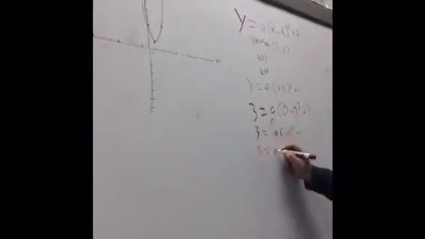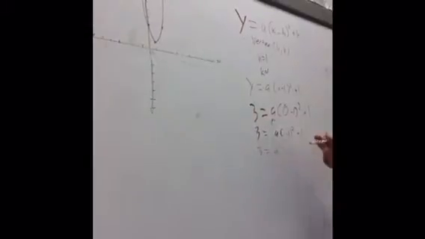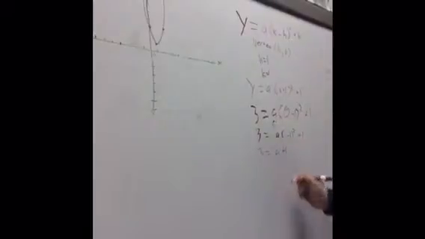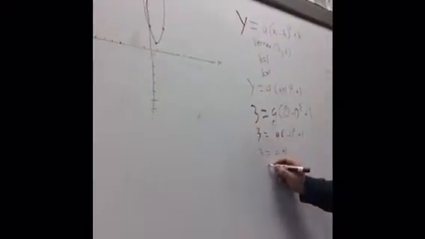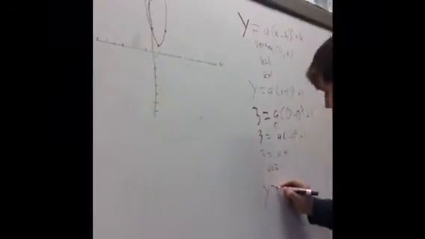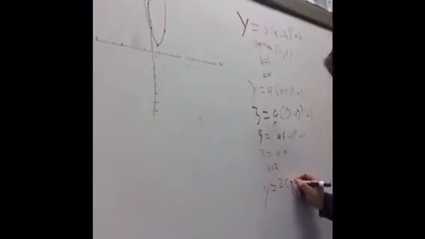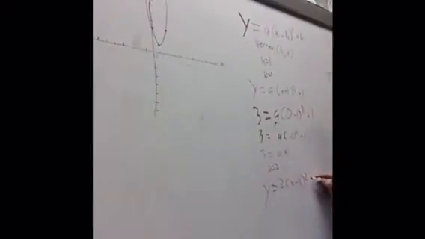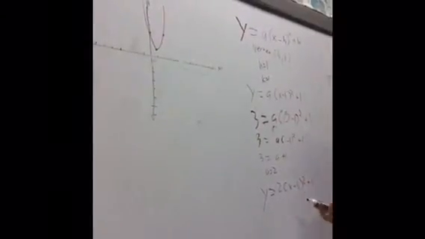That would be 3 equals a, since -1 squared is 1, and then plus 1, 3 equals a plus 1. So you subtract 1 from both sides, so a equals 2. That gets you the equation y equals 2 times x minus 1 squared plus 1. This is the equation in vertex form.